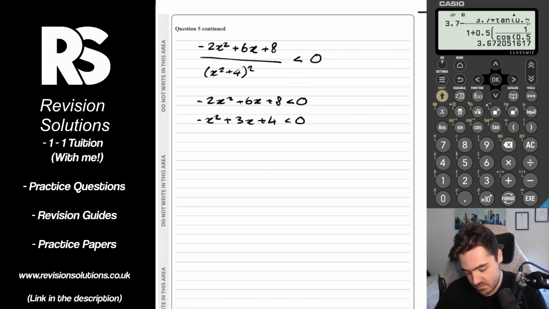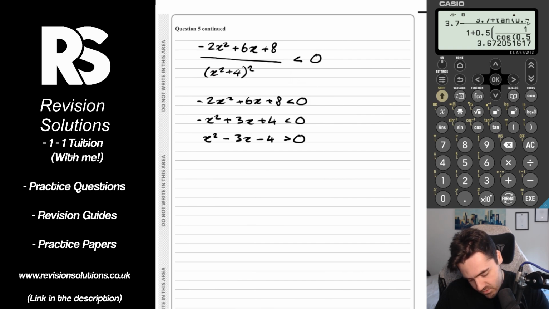So if we multiply both sides by minus 1, we have to flip the sign, because we multiply an inequality by a negative number. So we'd have x squared minus 3x minus 4, but now we're interested in where that is greater than 0.